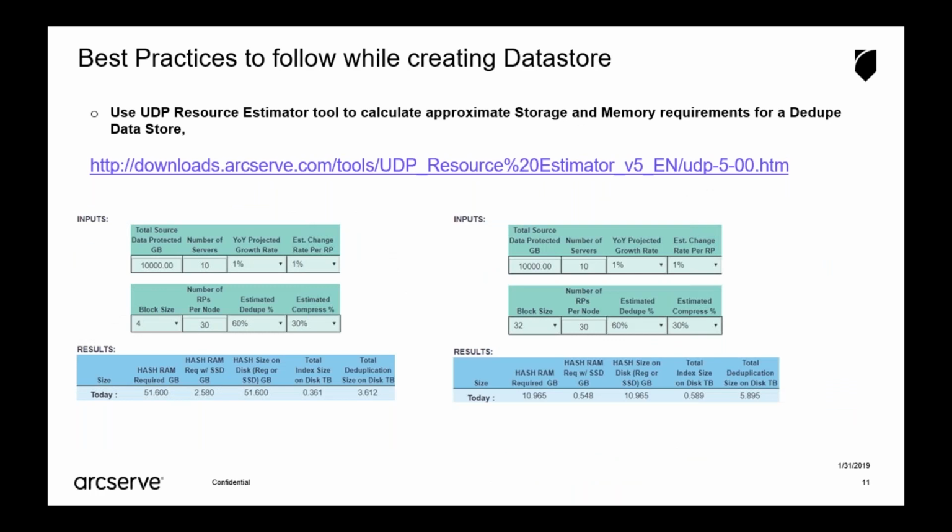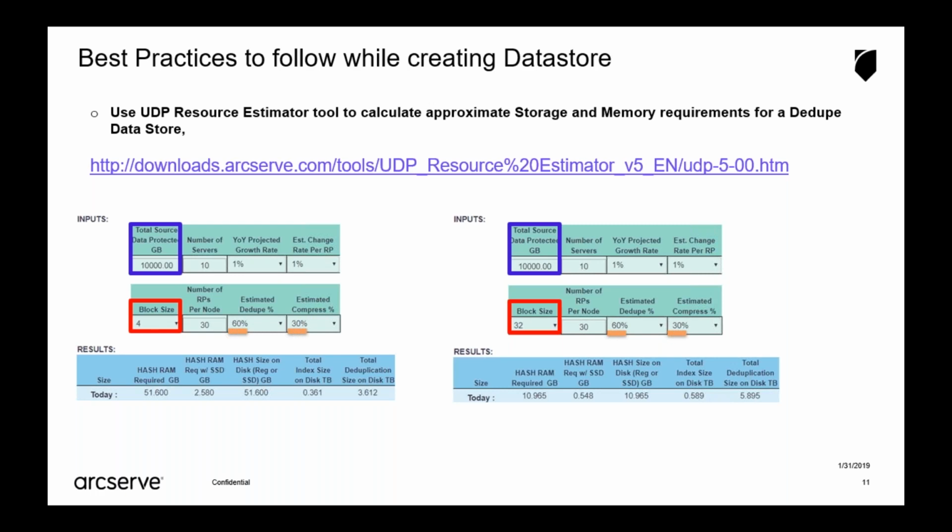Now there are additional tools apart from the estimator, which is inside the data store. There are online links where you can input the amount of data which we are going to store. Let's take one example. So here there are two sets of blocks, and we are going to mention 10 terabyte of source data. Difference in block 4 and block 32.